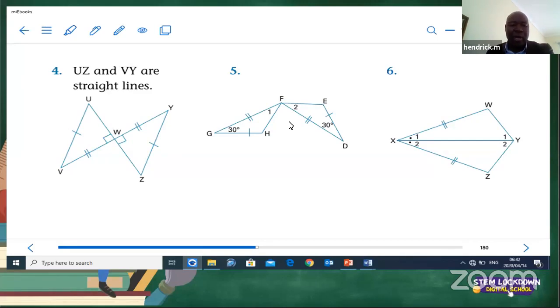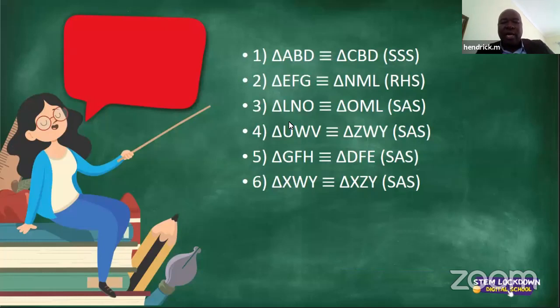You need to be able to identify the given information in order to use it to the best of your ability to prove congruence. Now, this brings us to the end of today's lesson. And of course, those are the reasons that are there for the activities 1 up to 6. We have proven congruency there.